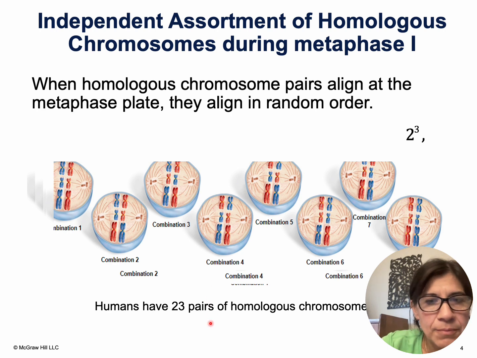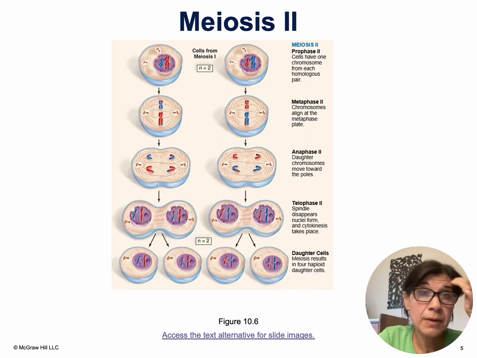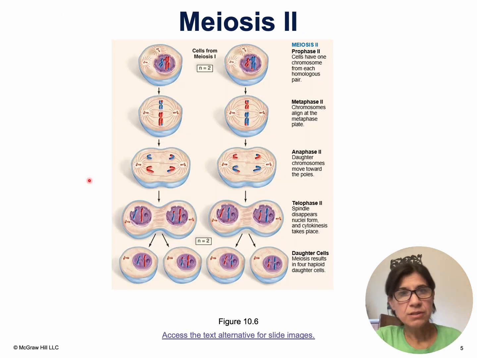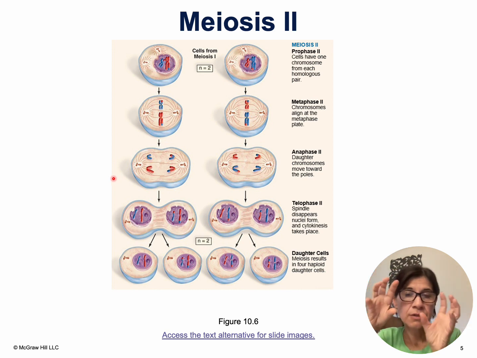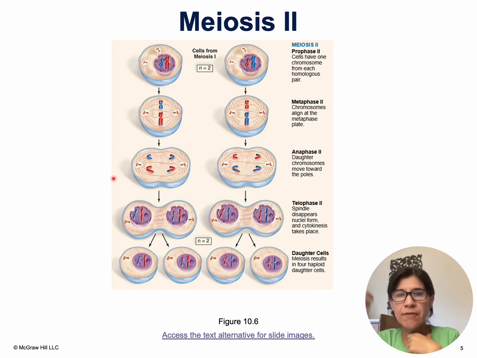All right, I hope that made sense. All right, so that's meiosis 1. Meiosis 1 produces 2 cells. If we start in humans with 46 chromosomes, after meiosis 1, we've separated the homologous pairs. So we have in each of the 2 cells 23 chromosomes that don't have a homologous pair, right?